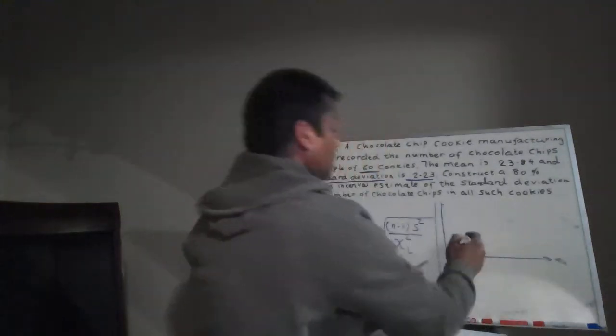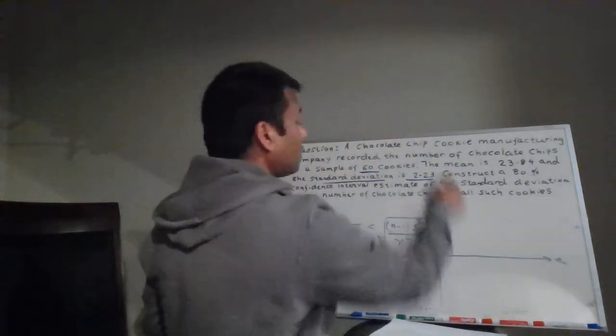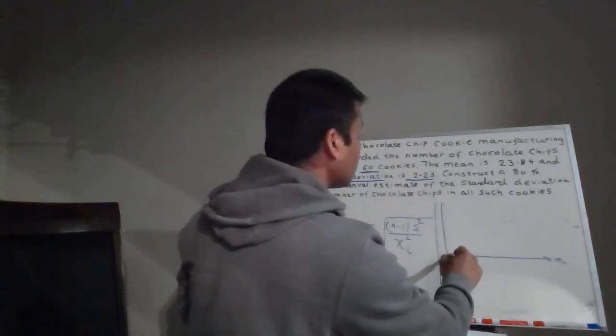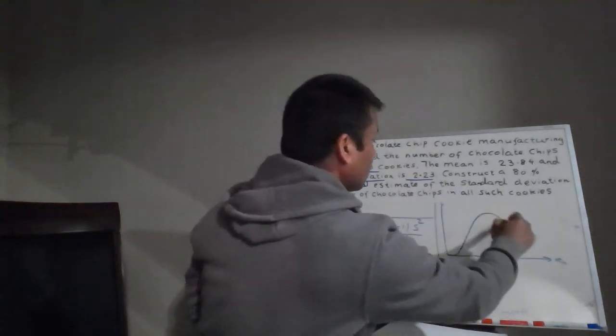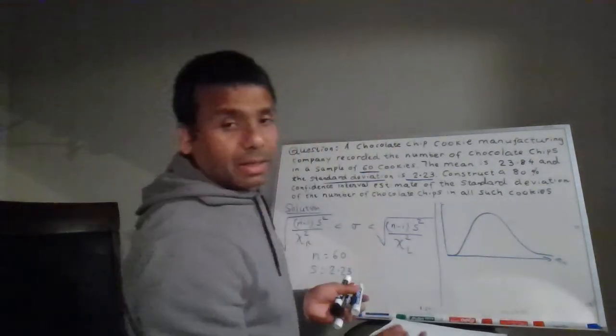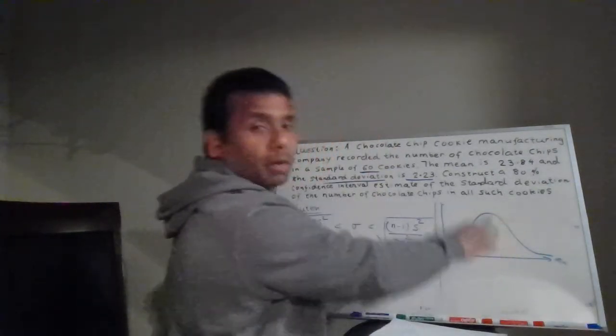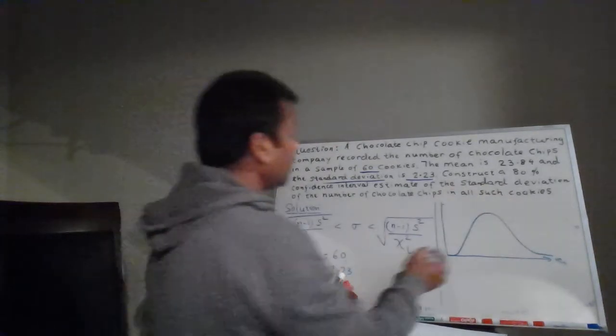Right. So your density curve for the chi-square distribution looks like this. In this case, because the sample size is 60, it approaches the normal distribution.